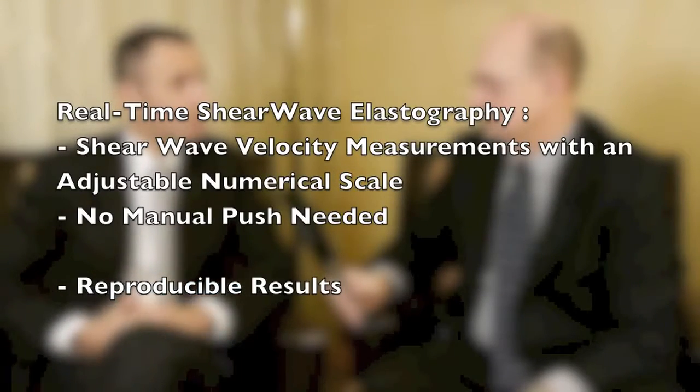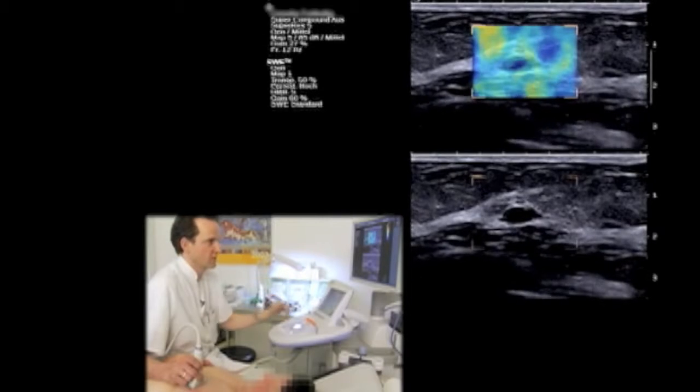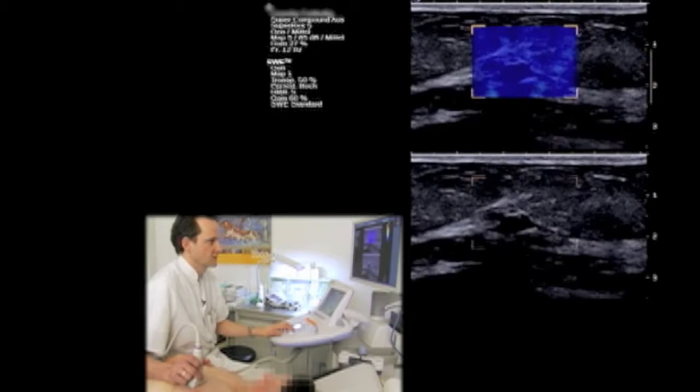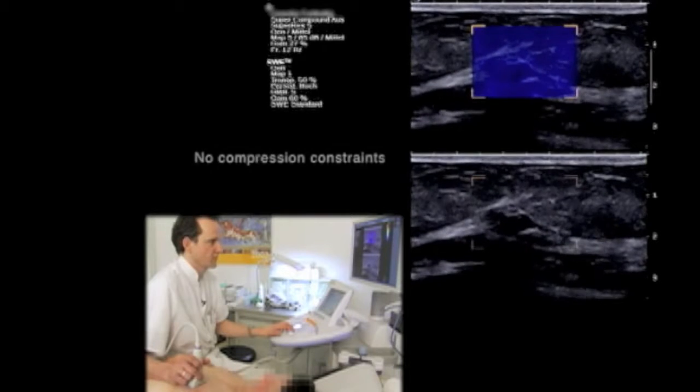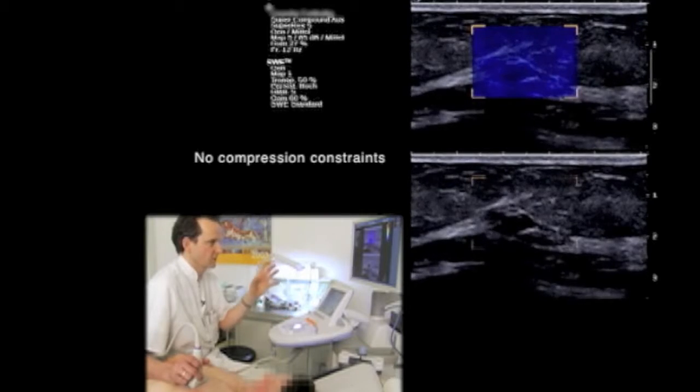And because you have a reproducible exam, you can now think of following up that organ in time, and you know that if you are in the same dynamic range, and if you see differences in the image of this organ, then you know that it is because the organ has changed.